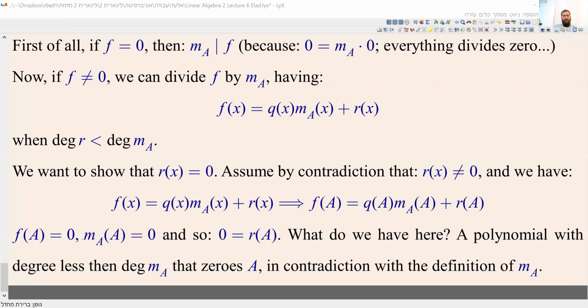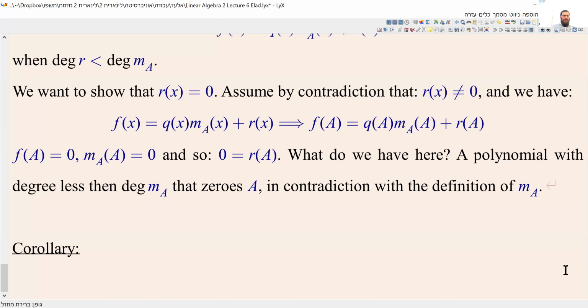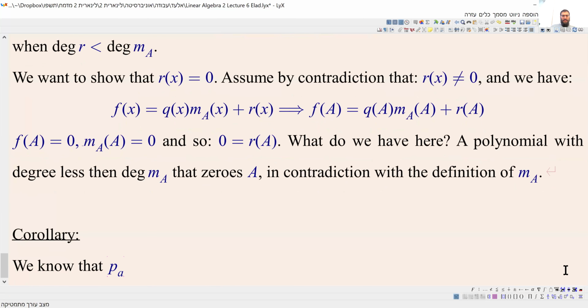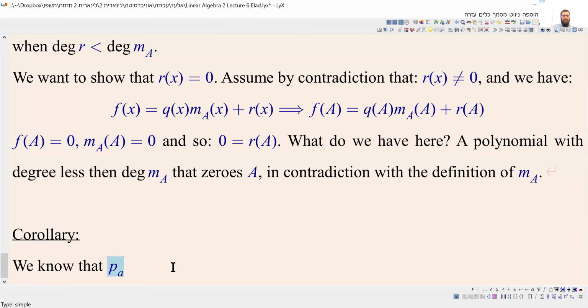Okay. I want to, first of all, a corollary. We know that P_A(A) is zero. We call it the Cayley-Hamilton theorem. We said we're going to use it. Here we are using it.